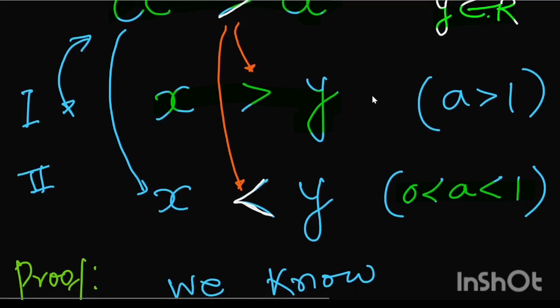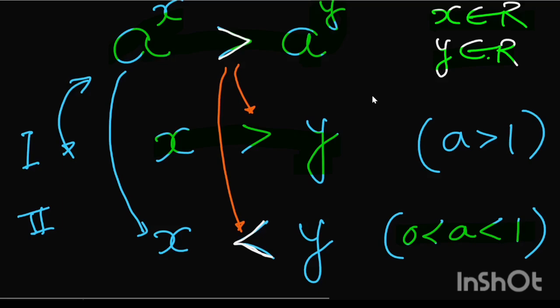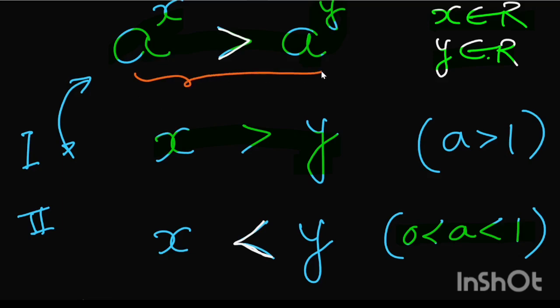Okay. So what is the proof of this? I would like to explain it once again. What it states, once again, is that if a to the power x is greater than a to the power y, then you remove a and x is greater than y.